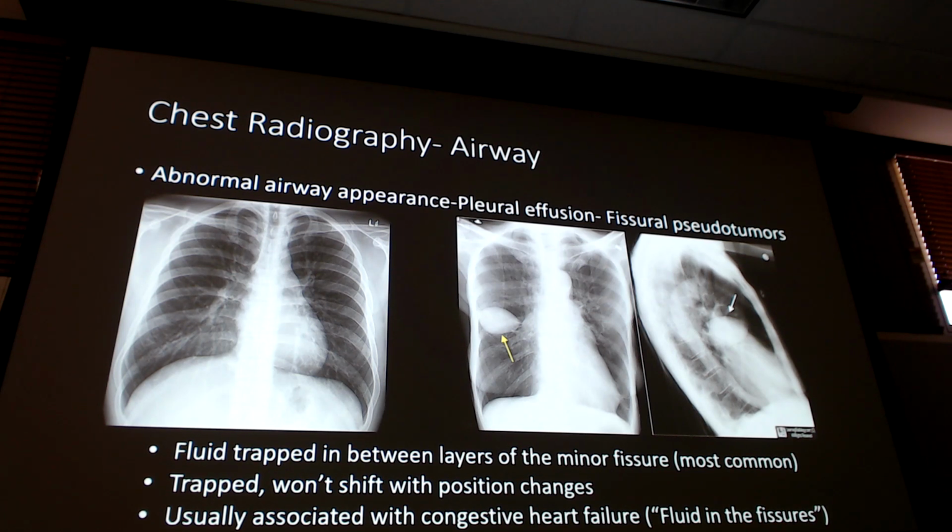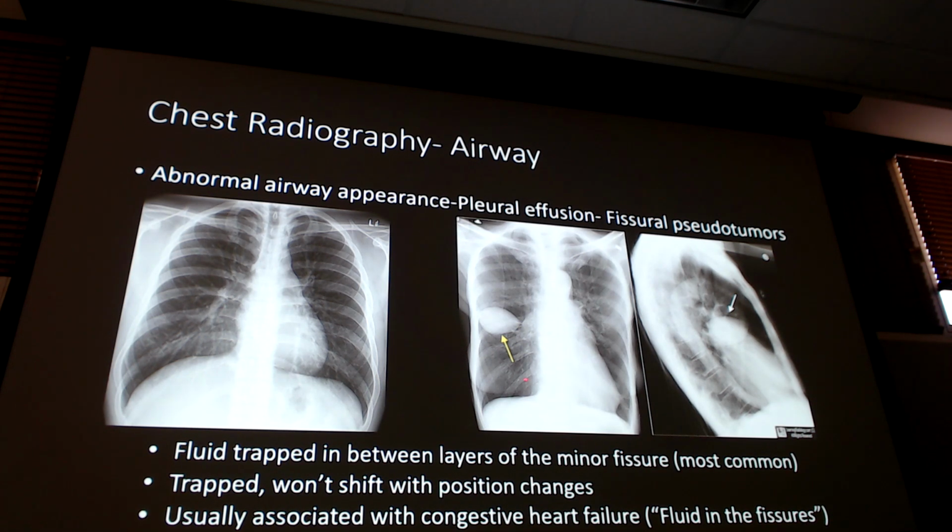Pseudotumors, also trapped, right? Because they're within the fissures. So it's fluid in the fissure, doesn't change with position changes. A lot of times, those are cephalization, congestive heart failure patients, right?